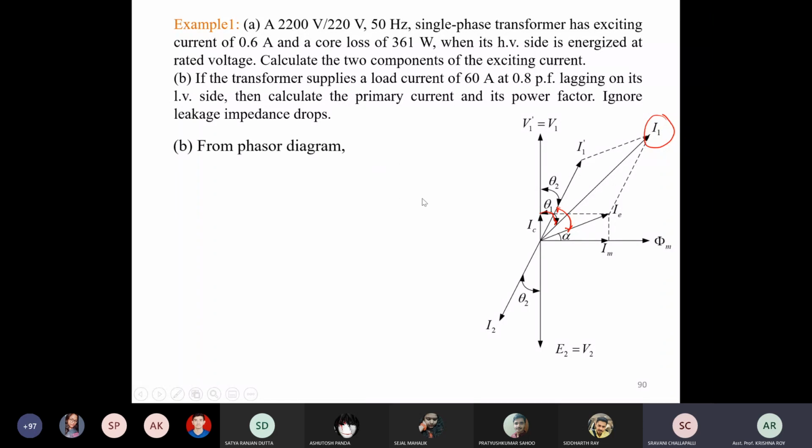So from the phasor diagram, I1 dash N1 equals I2 N2. So therefore I1 dash is equal to N2 by N1 into I2. So I2 is 60 ampere, N2 by N1 is actually V2 by V1. So what is V2 and what is V1 here?